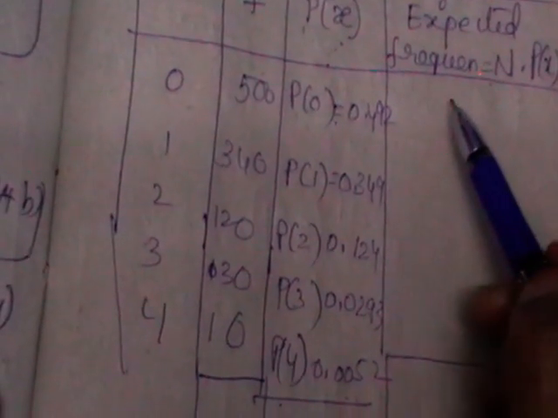After calculating this, to calculate expected frequencies, the formula is n into P of x.